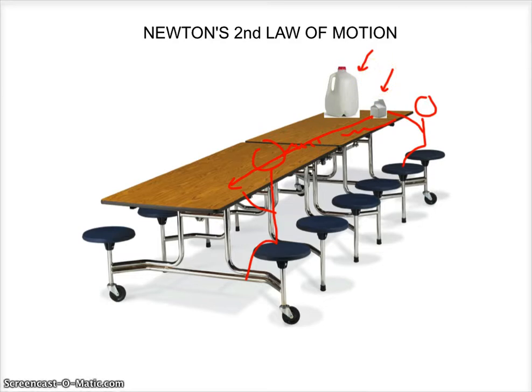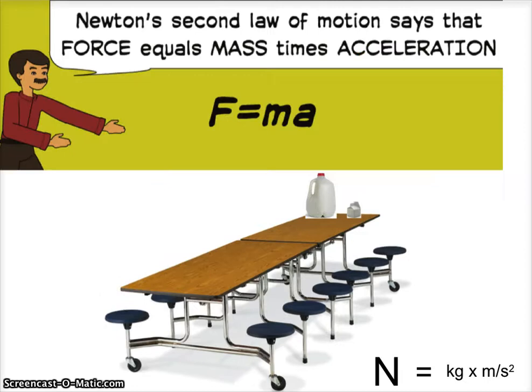And it is summed up in the equation force equals mass times acceleration. So here we are at the lunchroom table. You have a small amount of mass, so you have to apply not much force to accelerate it over.